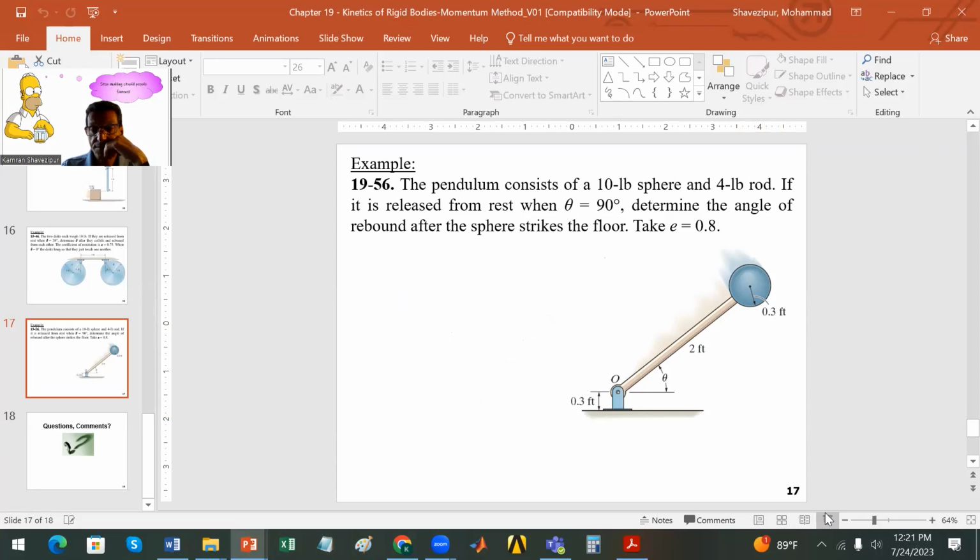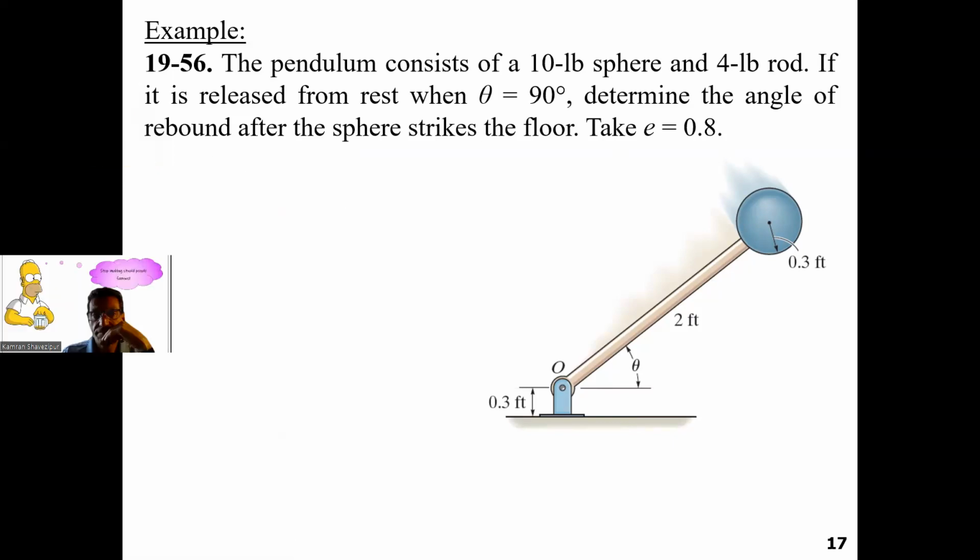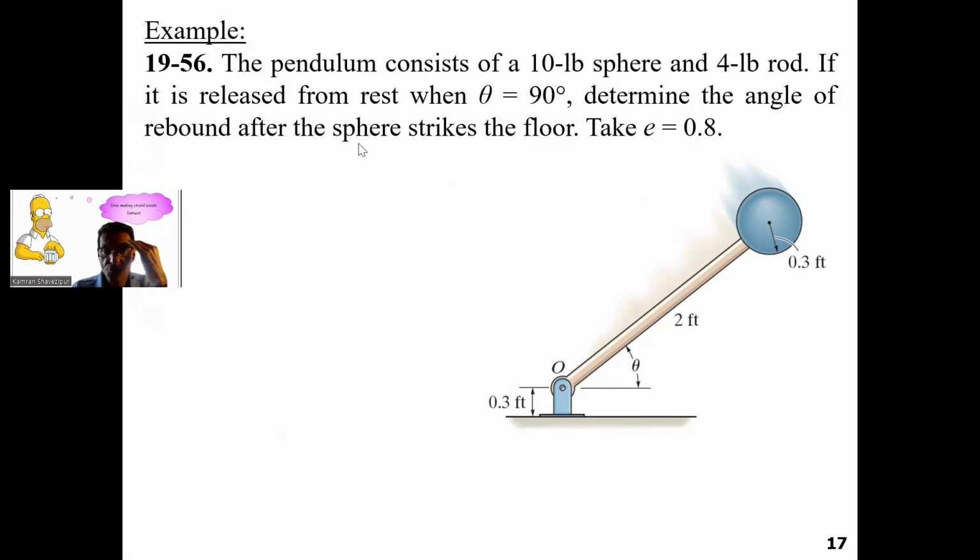In this example, you have a pendulum that has a sphere at the end, 10 pounds, and a rod, 4 pounds. It is released when theta is 90 degrees. Technically, it is released when it's vertical. When you release it, it's going to come down, hit the ground, and bounce back.